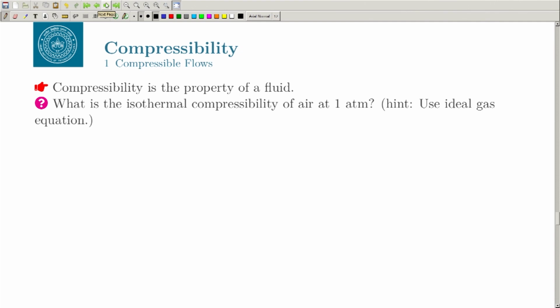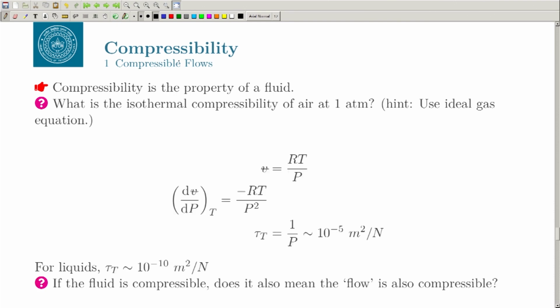Now, let us calculate the isothermal compressibility of a fluid, and then we can conclude the class today. We are trying to calculate it for air. We can use our ideal gas equation, because it is done at 1 atmosphere. The ideal gas equation is PV equal to RT, so V will become RT by P. For compressibility, what do we want?